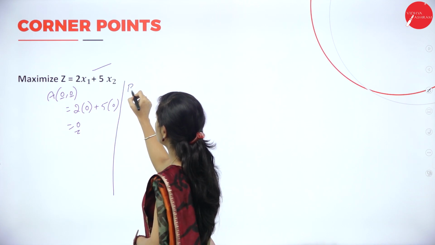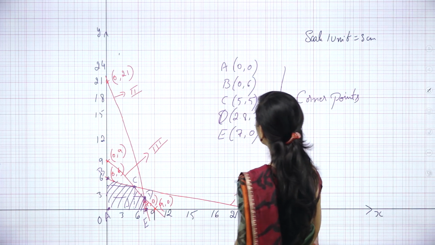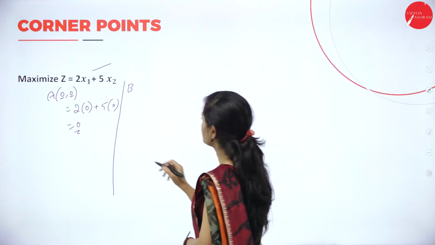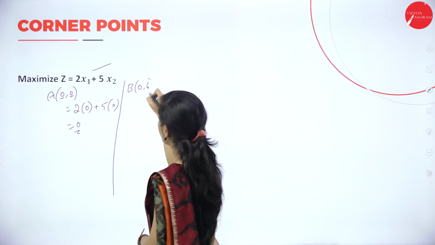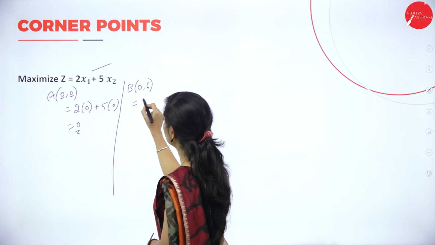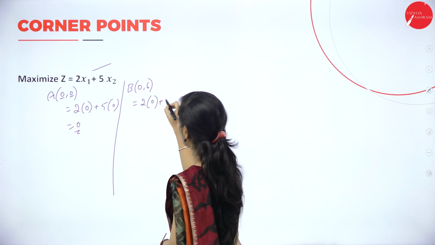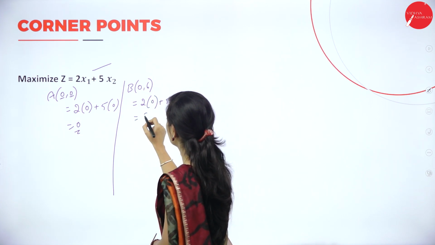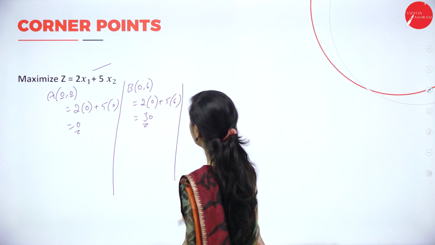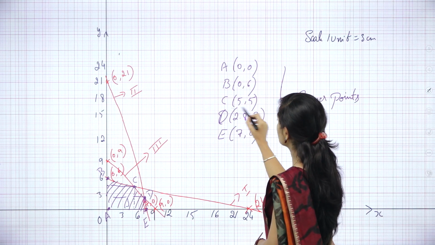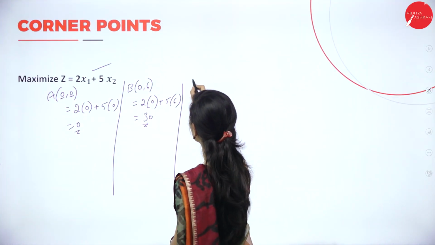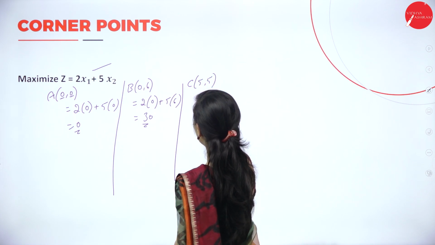And point B is 0 comma 6. So x1 is equal to 0. 2 into 0 plus 5 into 6. It is 30. And the third point is C of 5 comma 5.